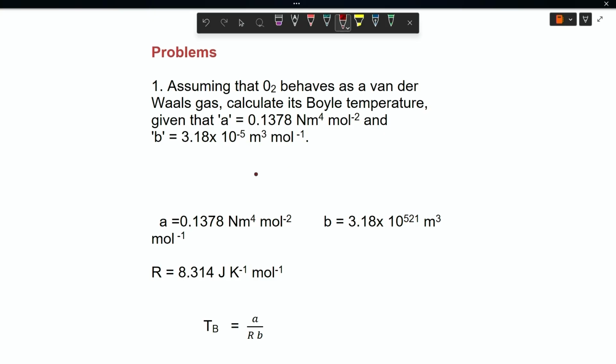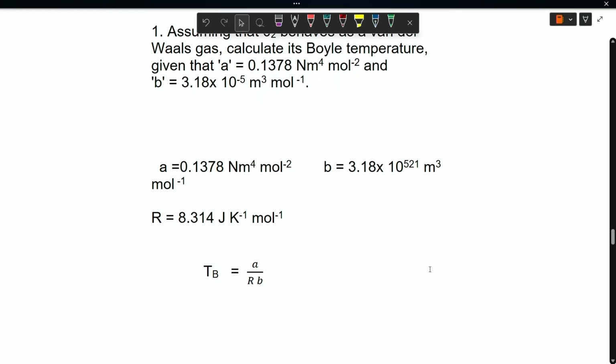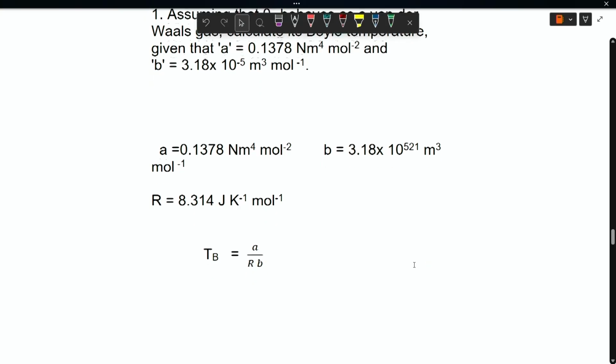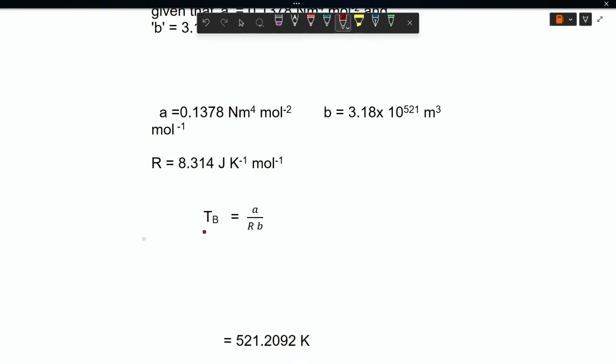Now, we are going to consider oxygen to behave as a van der Waals gas. So, the data are entered, A is taken, B is taken, R is given, and our equation is TB is equal to A by RB. Just learn this by heart, because you may require it for solving problems.